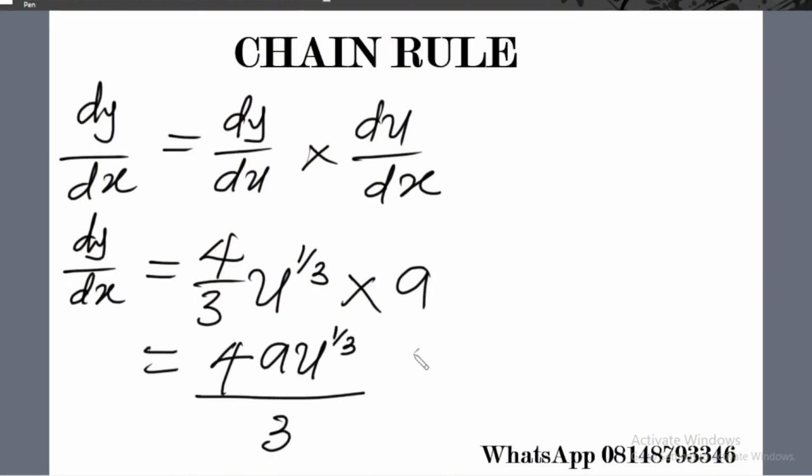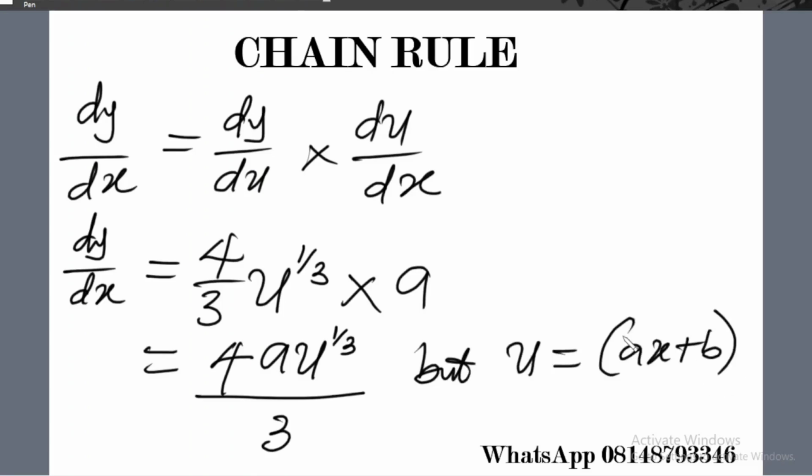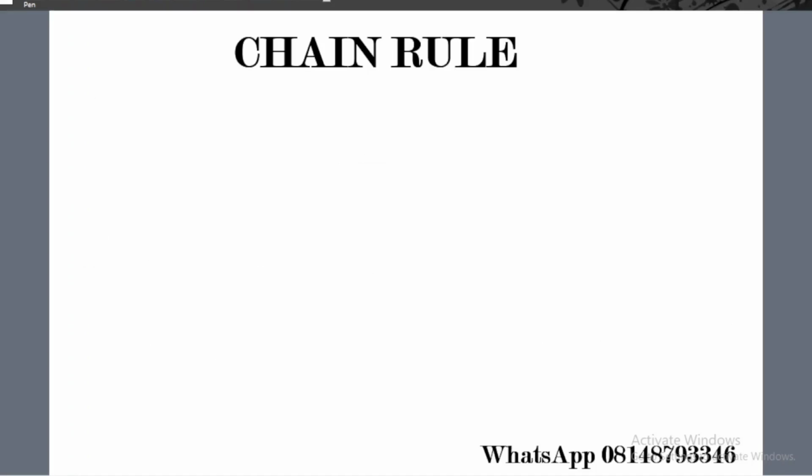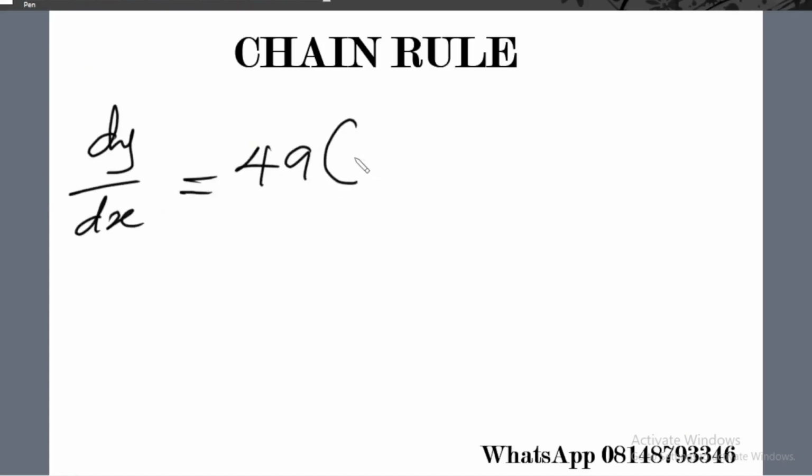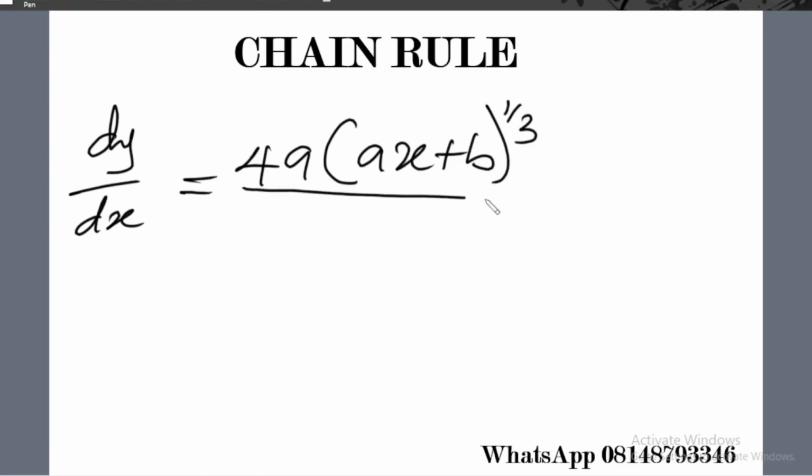Now, u equals ax plus b. Let's substitute the value of u into this. So dy all over dx becomes 4a multiplied by (ax plus b) raised to power 1 over 3, all over 3.